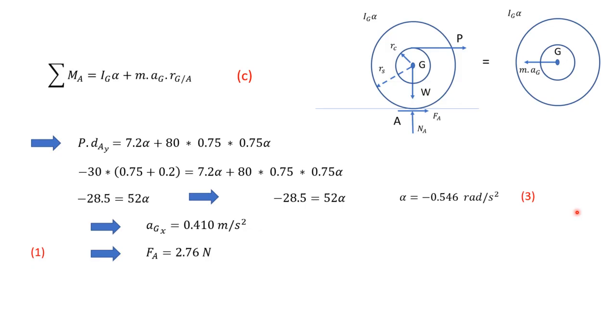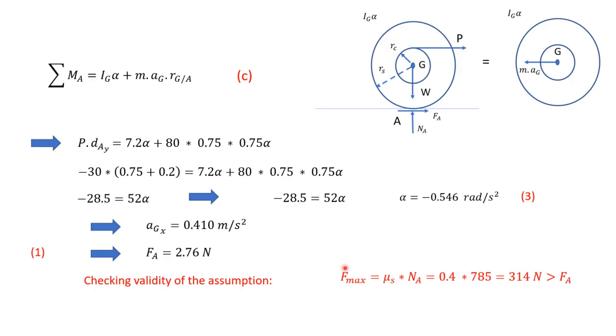Now we can calculate the maximum friction force, which is equal to N multiplied by the static coefficient of friction. So F maximum is equal to 314 Newton, which is more than the 2.76. So our assumption of no slipping is okay.